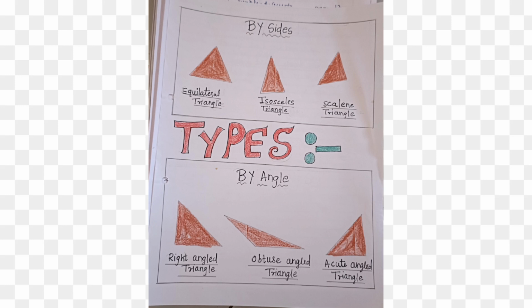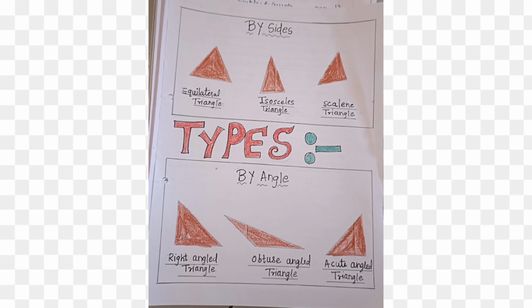Now tell me, do you know the classification of the triangle? No, teacher. Can anyone try to tell me the classifications by seeing this picture? Ma'am, by seeing this picture, we can say that they are classified on the basis of their sides and by angles. Yes, good.